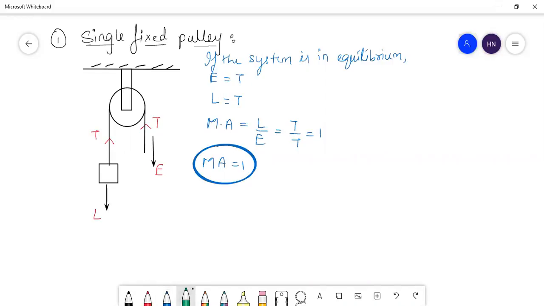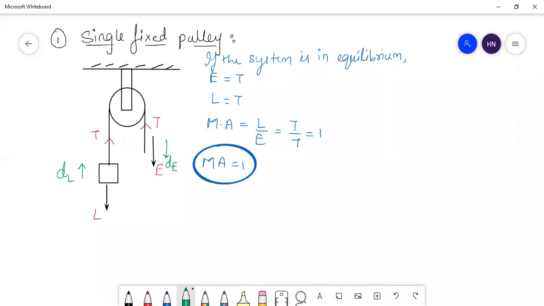Similarly, if I talk about the velocity ratio, I just need to check how much distance we need to move. To make it equilibrium, suppose I move this block up by a distance dl and your effort by a distance de.